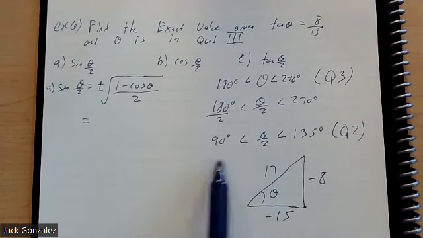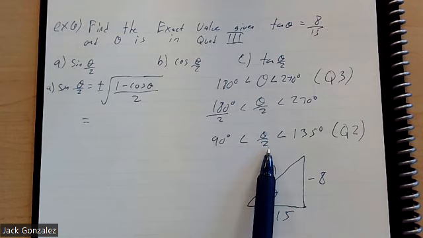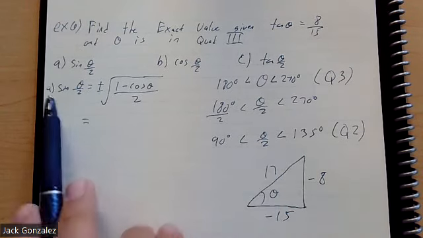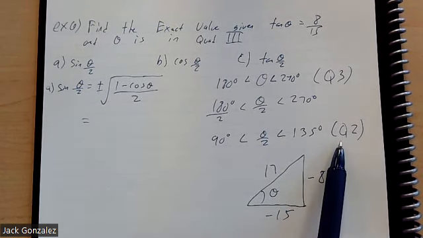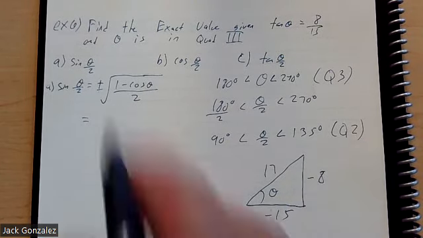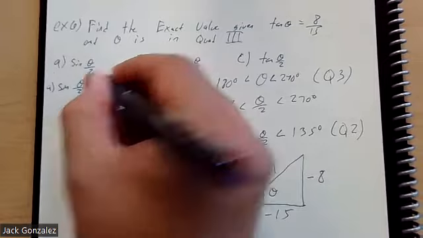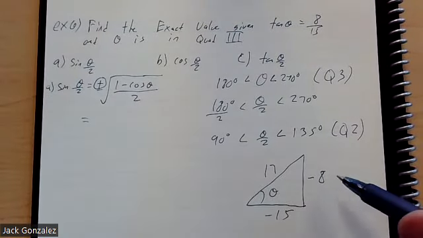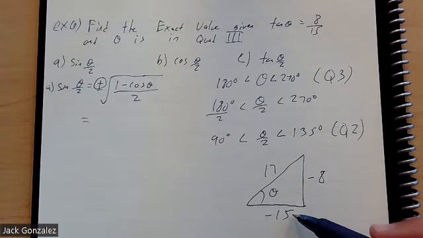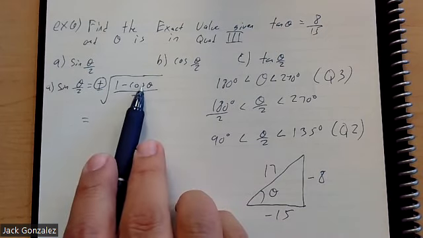So you have to pay attention to where the half angle is. Is sine negative here? No. So you pick the plus. And we put a negative on the x value, so that means this cosine will be negative.